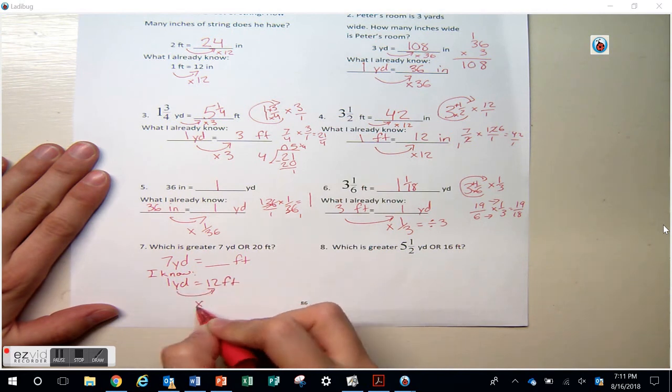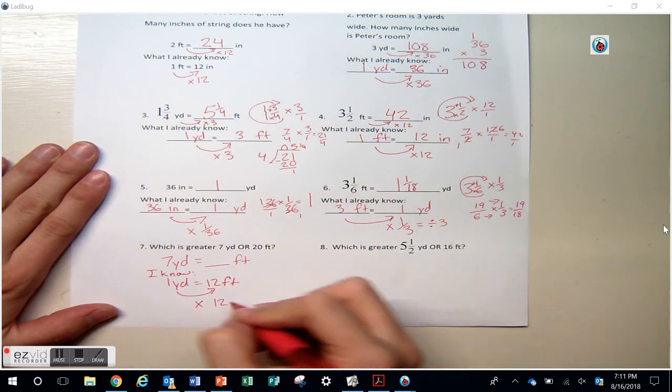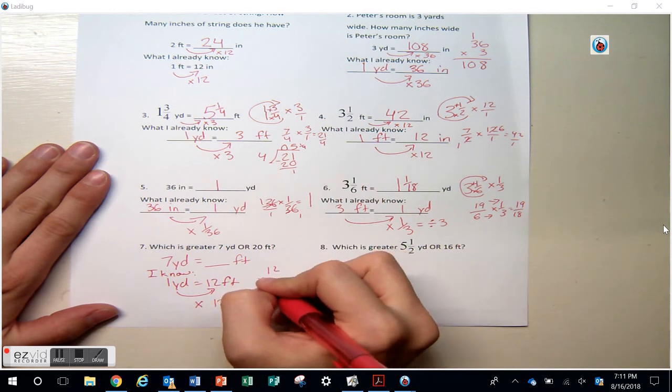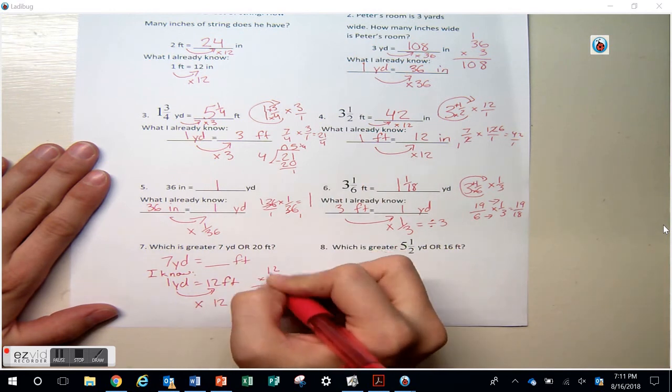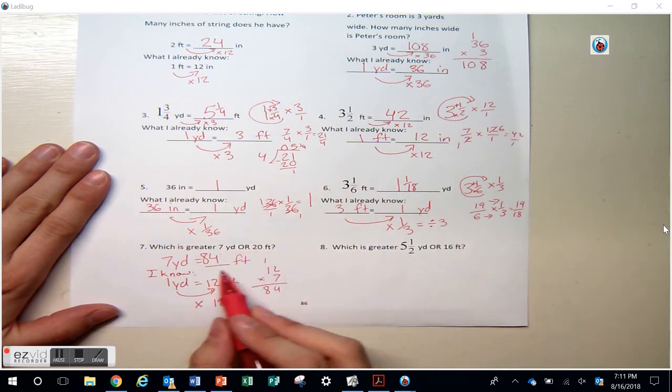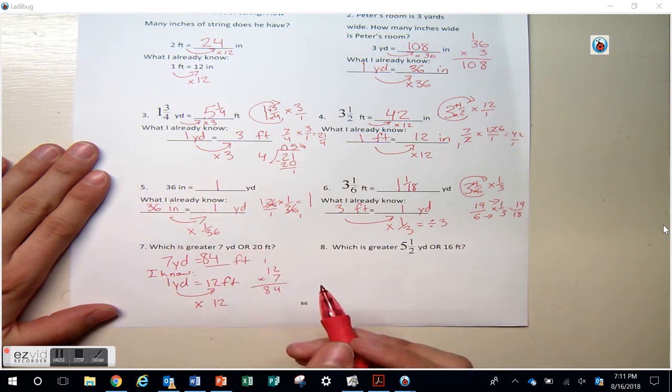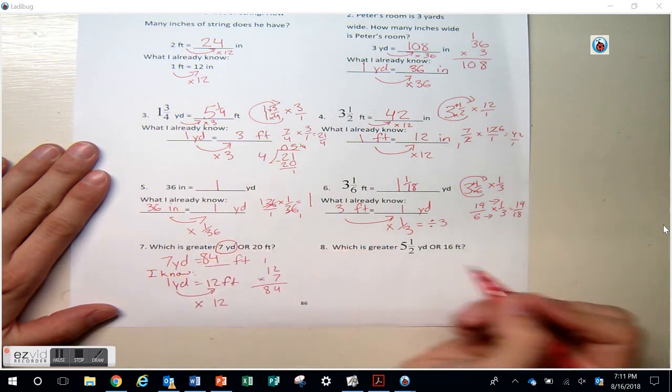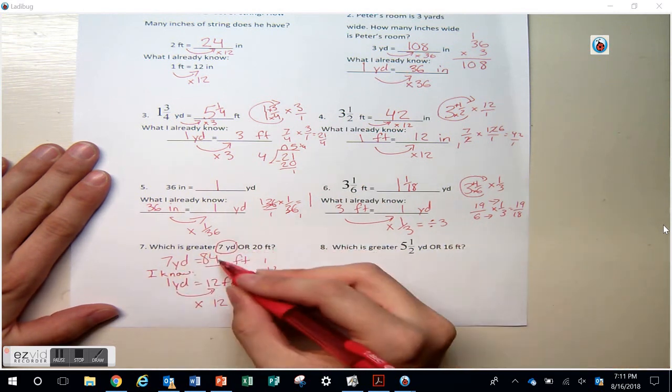So my conversion factor here is 12. So 12 times 7, that gives me 84 feet. Well, which one's bigger, 20 feet or 84 feet? The 84 feet. That's 7 yards.